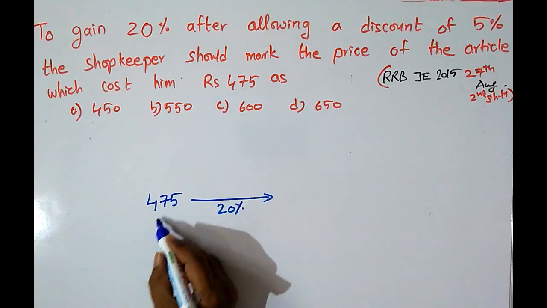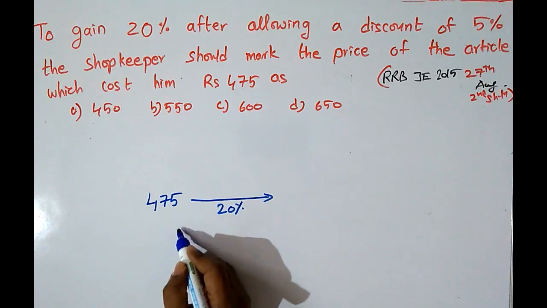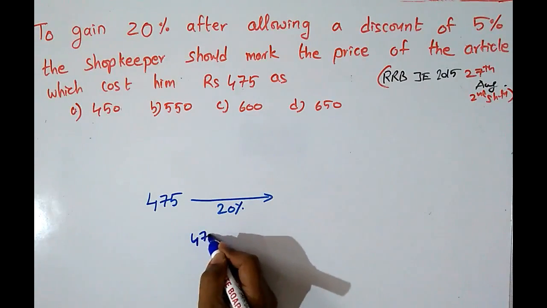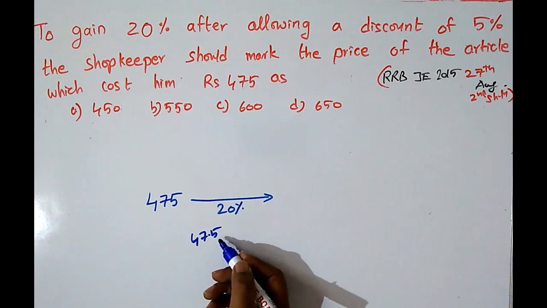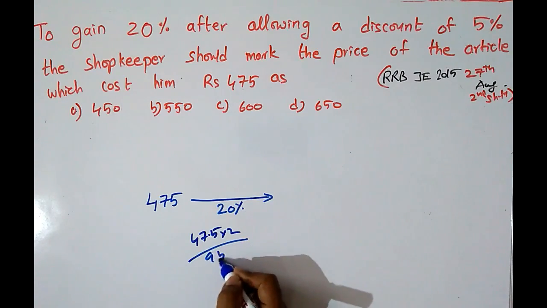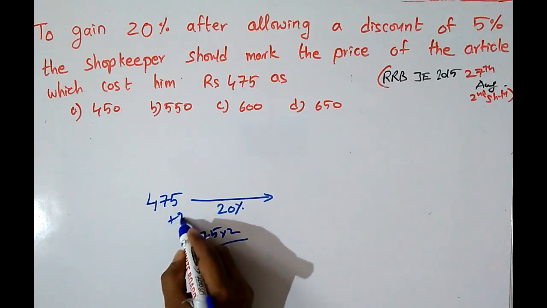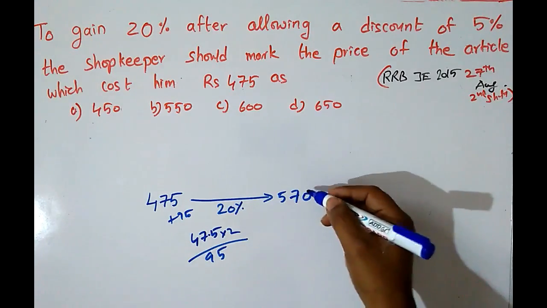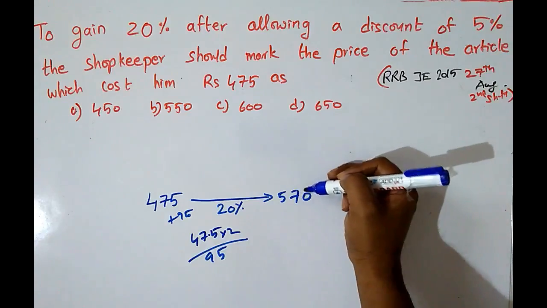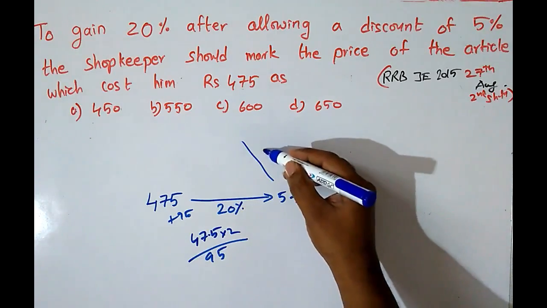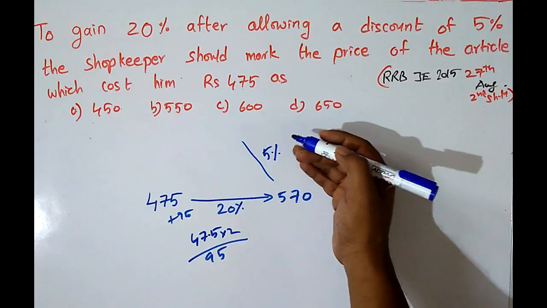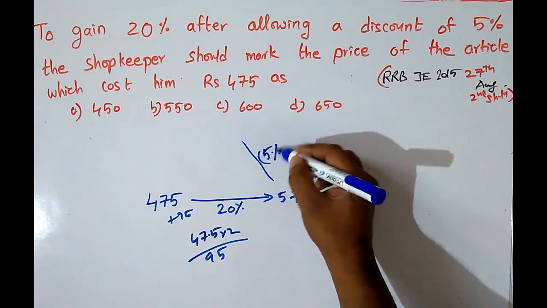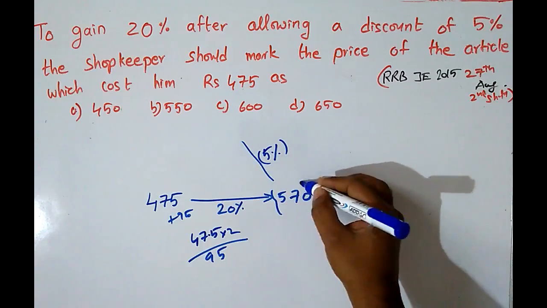See friends, for me it's difficult to find this, so I take the 10%, that is 47.5, and 47.5 plus 47.5 gives 95, and if we add this 95, I get 570. Okay friends, 570. You have to get 570 after removing the discount part, the remaining amount should be 570.